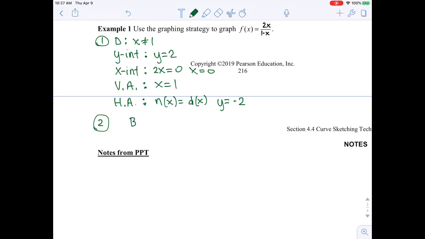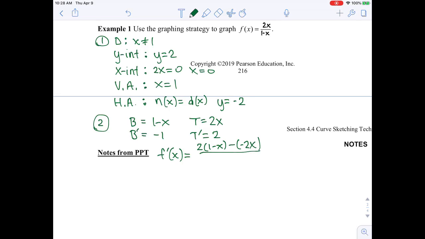Take the derivative. So we have our quotient, derivative of the quotient, so our first derivative is the bottom times the derivative of the top, which would be 2, minus the top times the derivative of the bottom, which is -2x, all over the bottom squared.